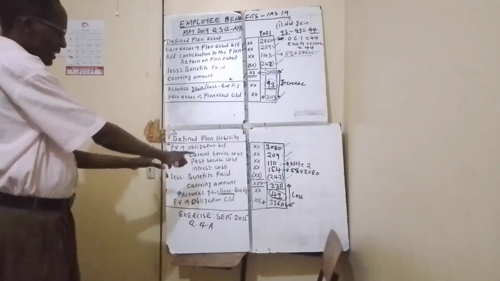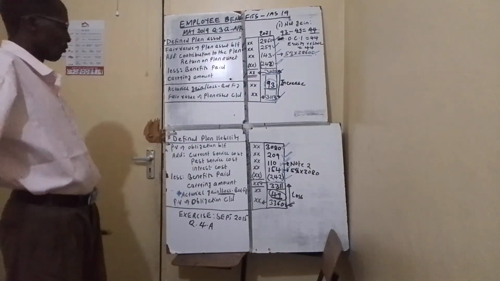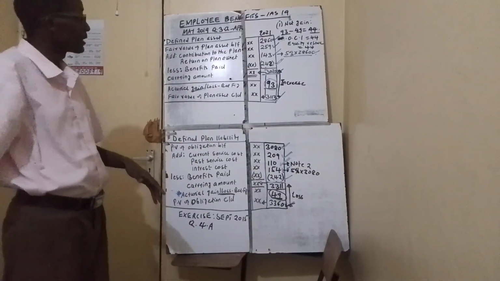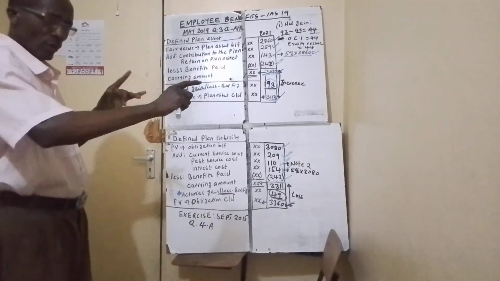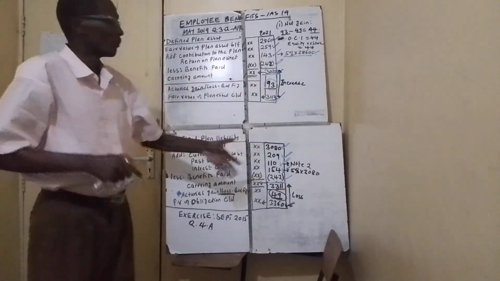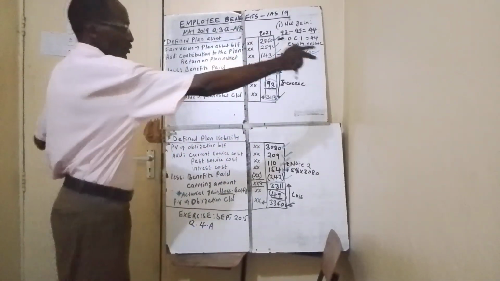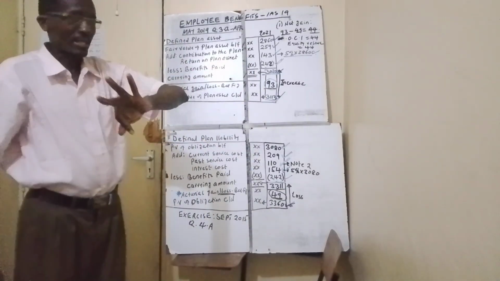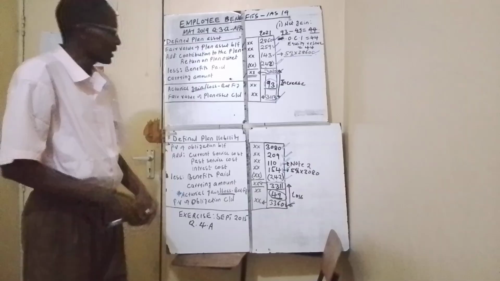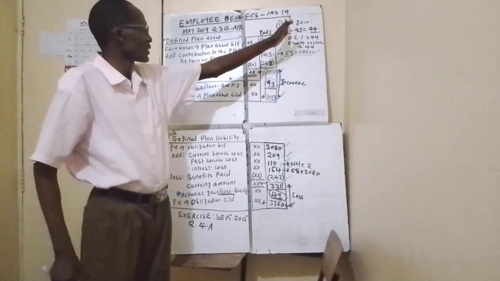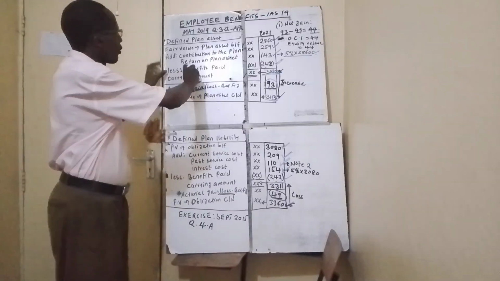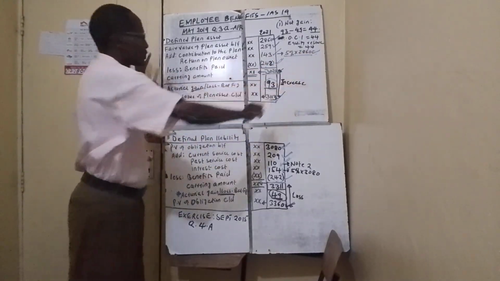So you just need to master these items, how they appear for the defined plan liability as well as for the defined plan asset. So the only thing here is situations where the examiner requires you to present information for several years. So it is for 3 years, for example, 2021, you have this. Assuming that there was another year, 2022 here, what you could have done, because all this the examiner will give you for each year.